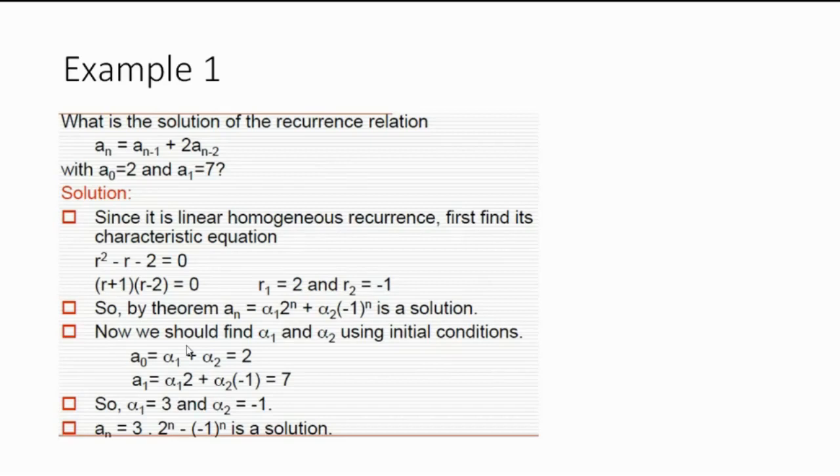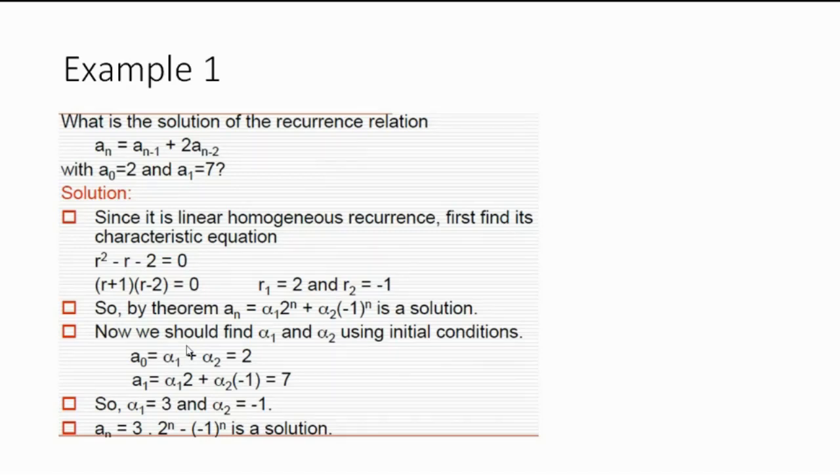So the characteristic equation you got. So r square minus r minus 2 will be like (r plus 1) into (r minus 2).